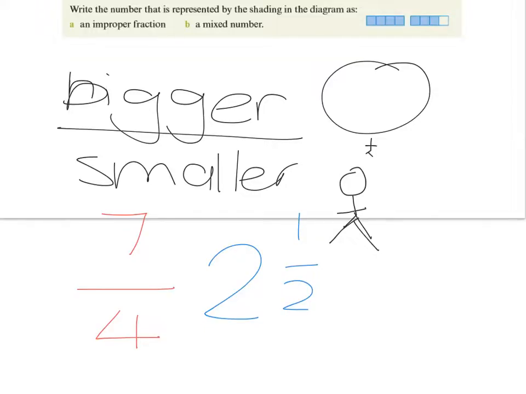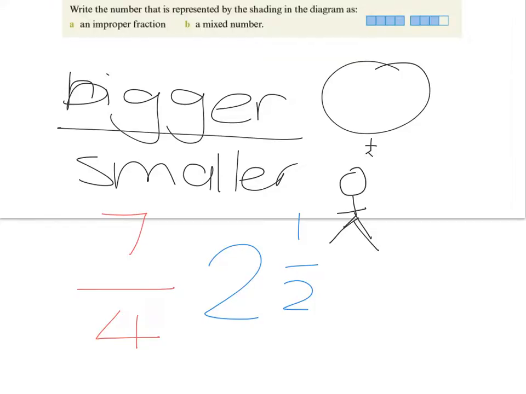Okay, so if we look at our picture, how many whole numbers have we got here? Well, that's a whole number because it's been divided into 4, and 4 are shaded. So we've got 1 whole there, and then we've got 3 little ones that are shaded out of the 4. So how would we write that?